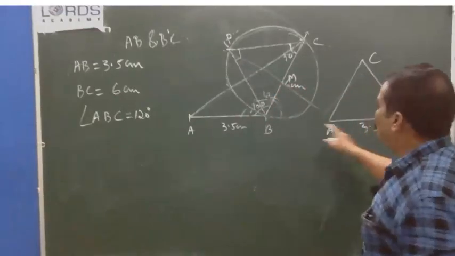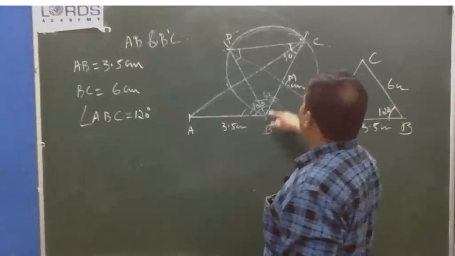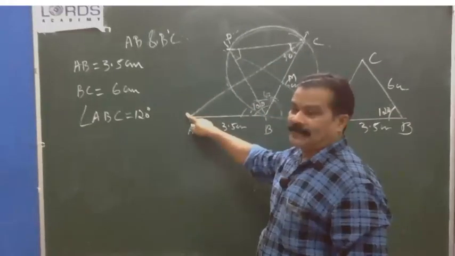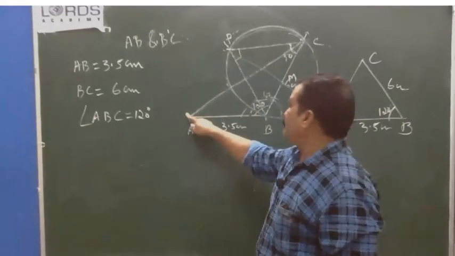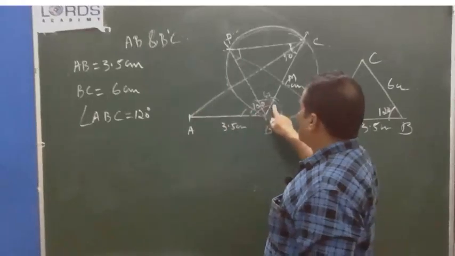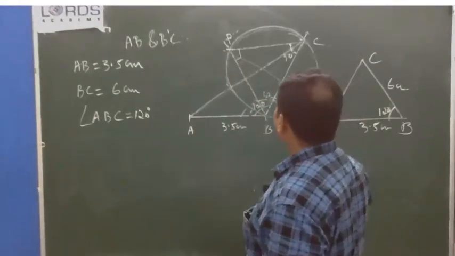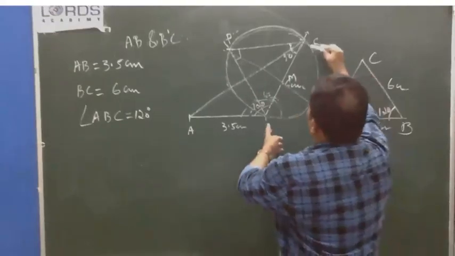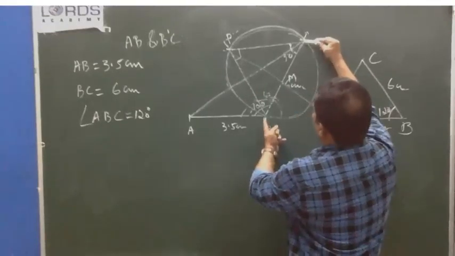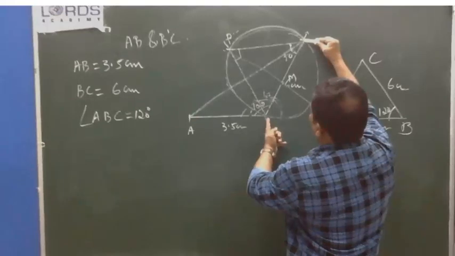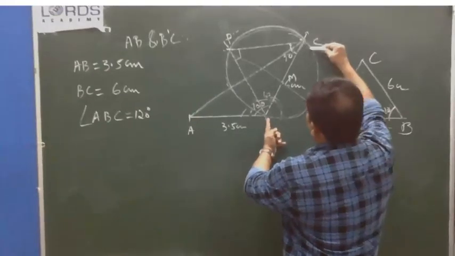First, you draw the required triangle. This 120 you can measure. After getting that, the second portion is BC as a diameter, you draw a circle.